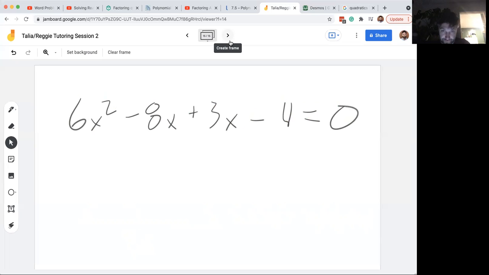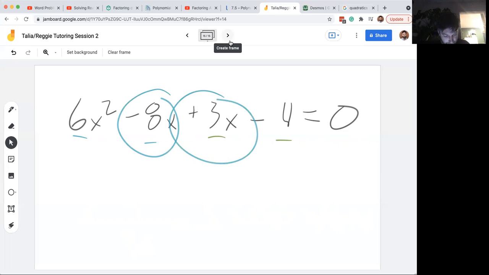Now, notice, the first thing I'm going to see here is that 6 and 8 don't have a whole number factor in common. Never mind, 2 does, but don't worry about that, because the 3 and 4, more importantly, don't have a whole number factor that they share. So what I'm getting at is we want to switch these, because 3 and 6 work well together and 8 and 4 work well together. So I'm now going to get 6x squared plus 3x minus 8x minus 4.